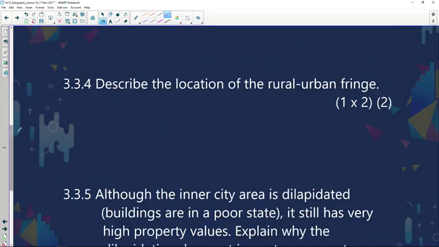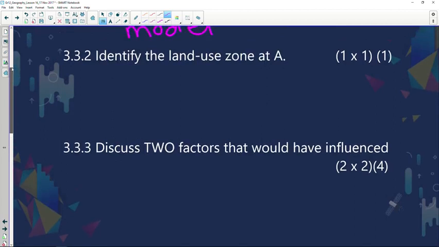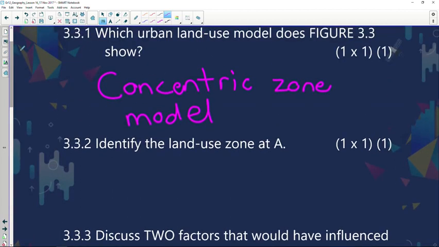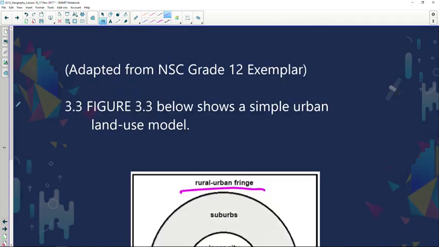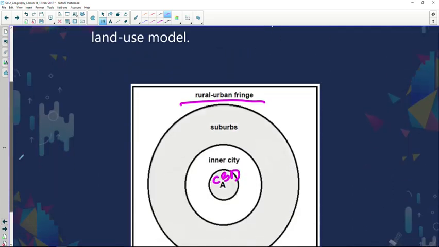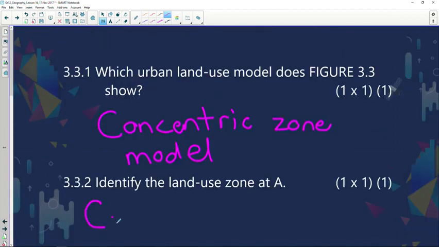Now if you look at our next question, identify the land use zone at A. If you go back to the diagram, I've already written over there is CBD. And what does the CBD stand for? It's Central Business District.